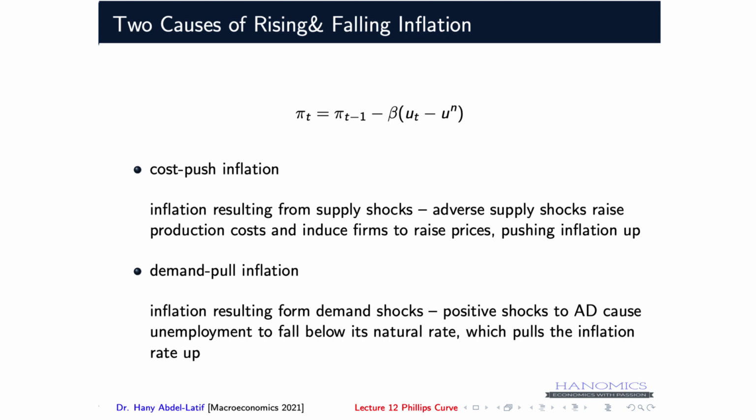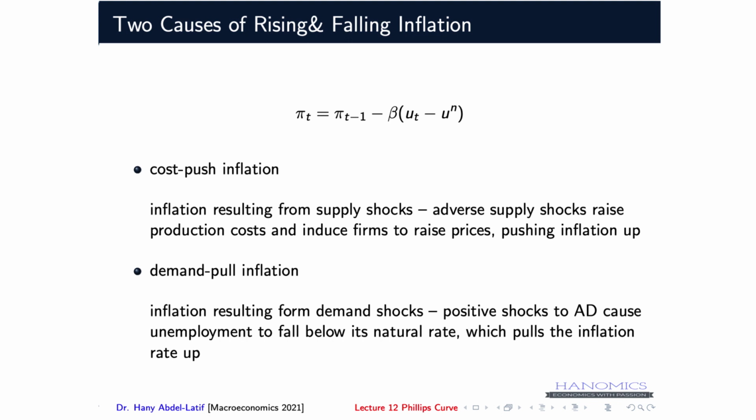We have two causes of rising and falling inflation, which we can build on from our understanding of this relationship. One is cost-push inflation, and I should have added the supply shock term nu here. You already know that if we have an adverse supply shock, that will raise production costs, which will induce firms to raise prices, pushing inflation up.